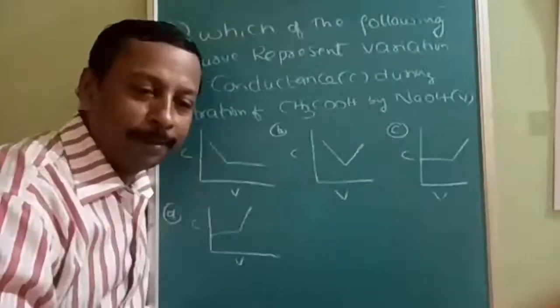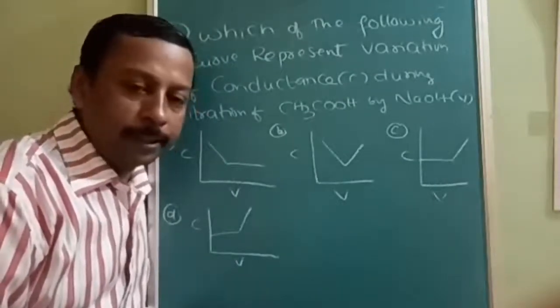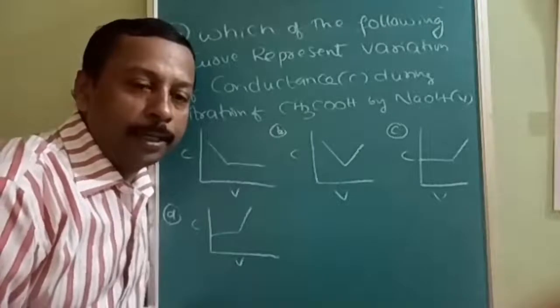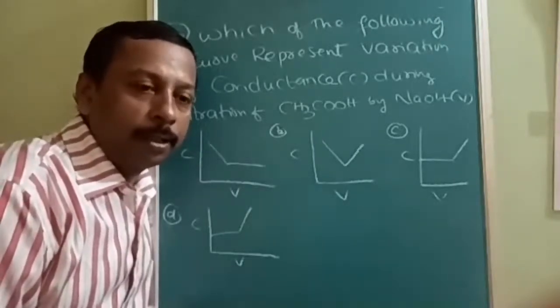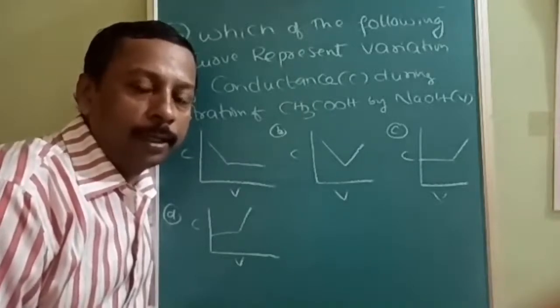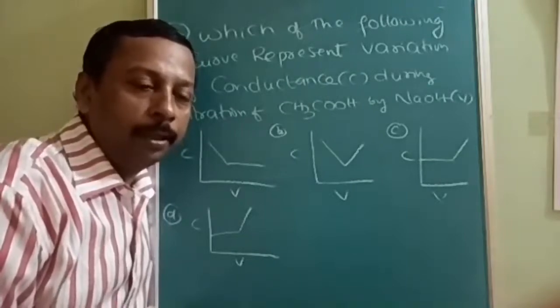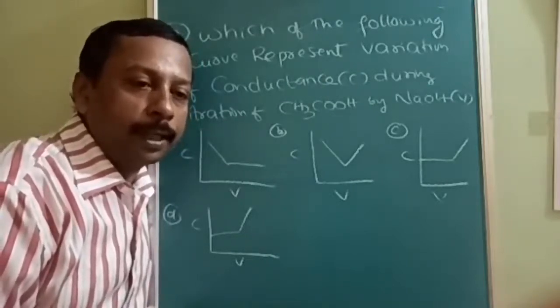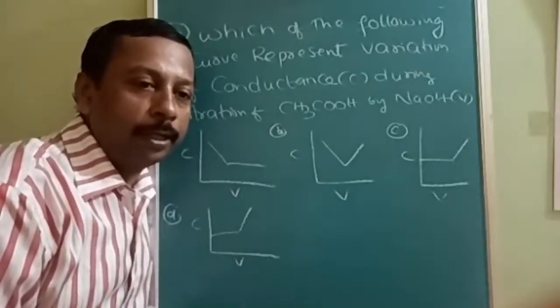Okay, here the next question is from titration. But there are different types of titrations. This is called a conductometric titration. Redox titrations are there, acid-base titrations are there, but this is not an acid-base titration, it is a conductometric titration.